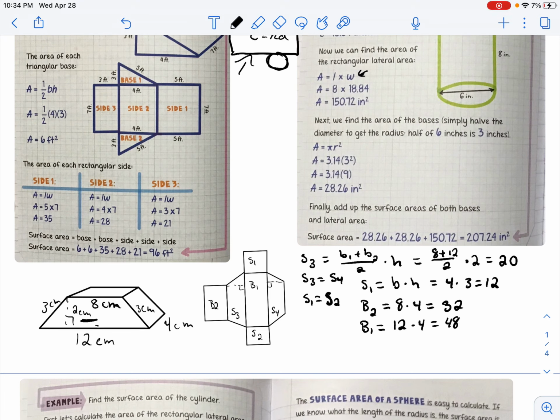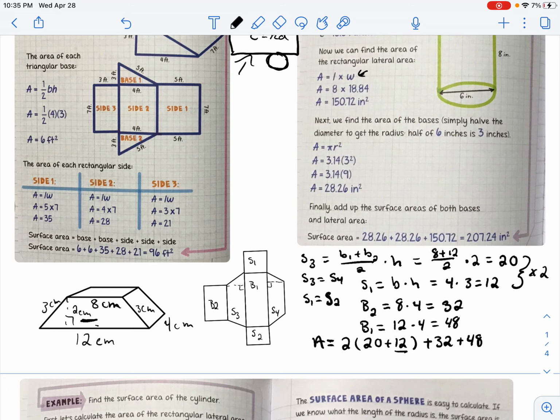Okay, so now we have all the dimensions. 20, 12. These ones are going to appear twice, so we're going to times those by 2. So the total area equals 2 times 20 plus 12 plus 32 plus 48. Side 1, remember, side 1 is equal to side 2, so that's why we're multiplying this 12 by 2.